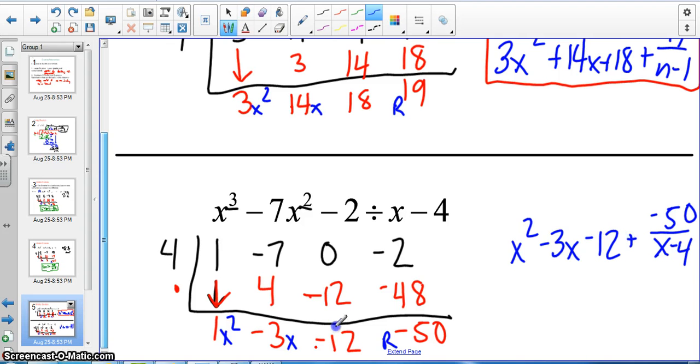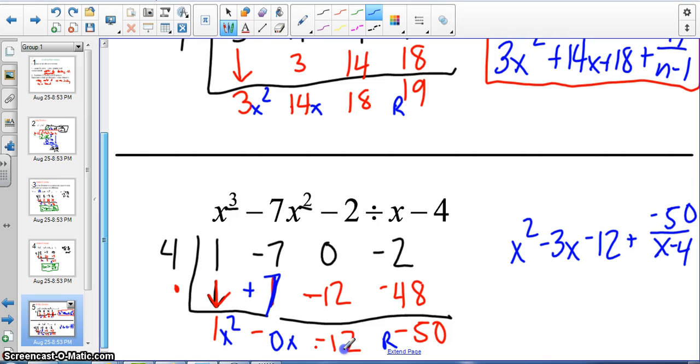Now, say for instance, let's look at this problem. Say instead, whatever we multiplied, we got a positive 7 here, instead of a 4. Those would add up to 0. So, say I get a 0 down here in my terms, I would still do the same thing.